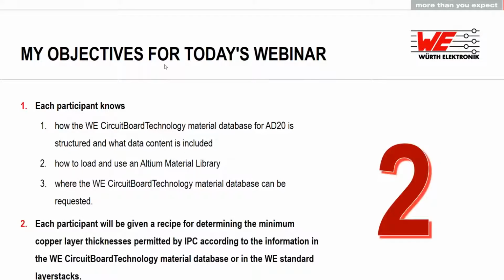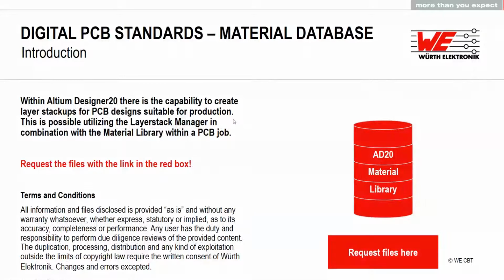And secondly, each participant will be given a recipe for determining the minimum copper layer thickness permitted by IPC according to the information in the material database, or which you could also find in our standard layer stacks. So these are the two objectives for today. If you reach them, I'm fine.